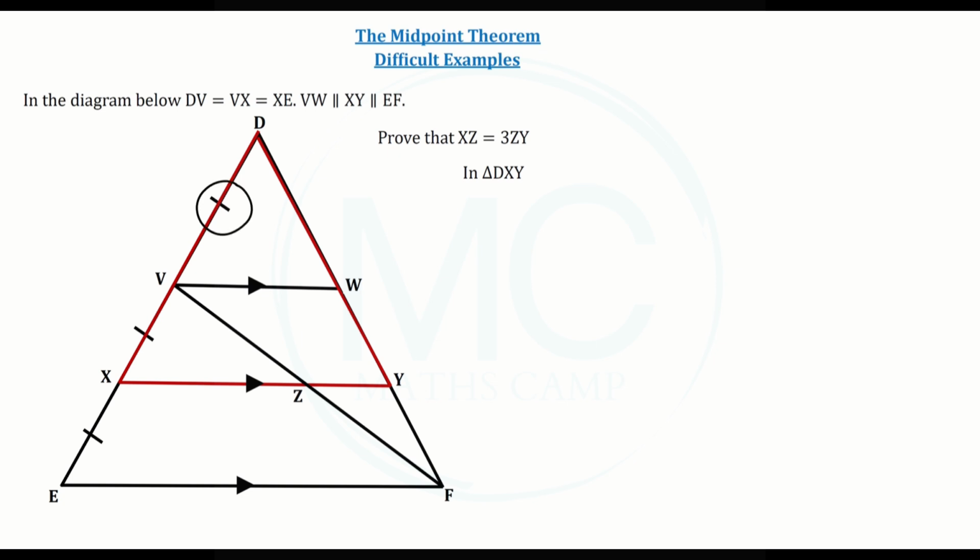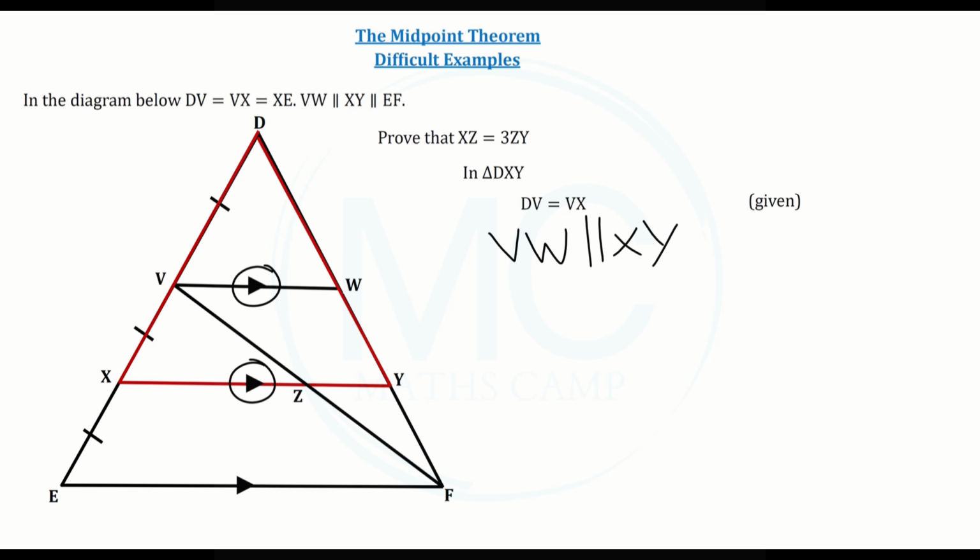These two lines over here and over here show us that DV is equal to VX. This information has been given to us in the diagram, so we use given as our reason. The arrows over here and over here show us that VW is parallel to XY.